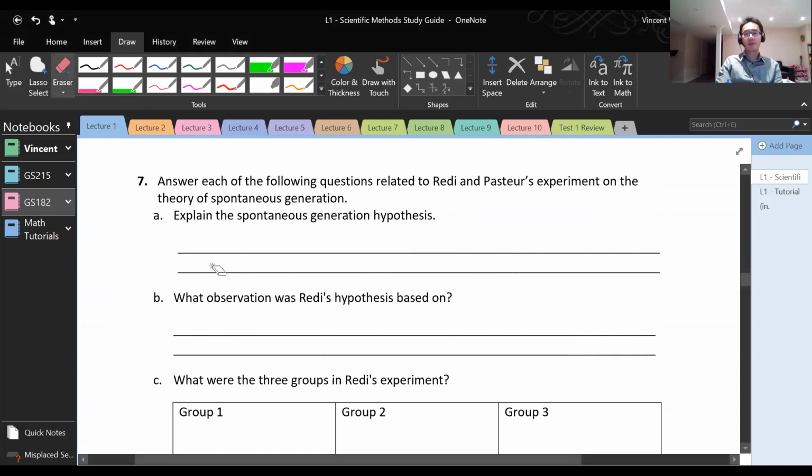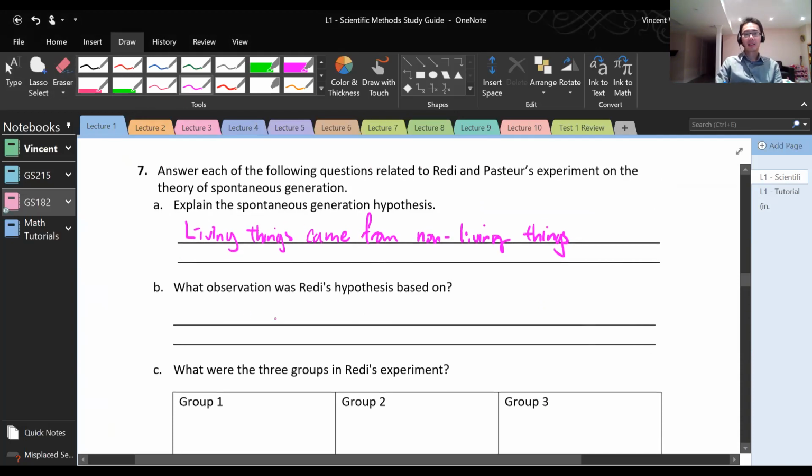To keep it very simple, spontaneous generation basically states that living things came from non-living things. People believed in the past that living organisms would come from non-living things.